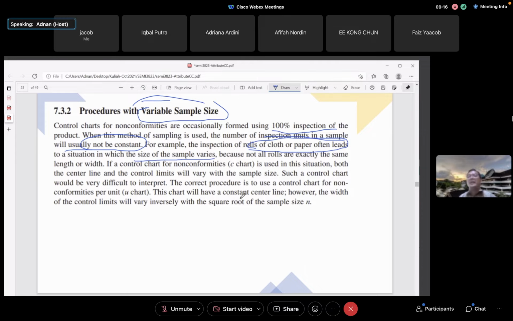The size of the cloth, its length, is different. Papers, boxes, their sizes may also differ. So what we do here is 100% inspection, but we assume each is one inspected unit, n equal to 1.